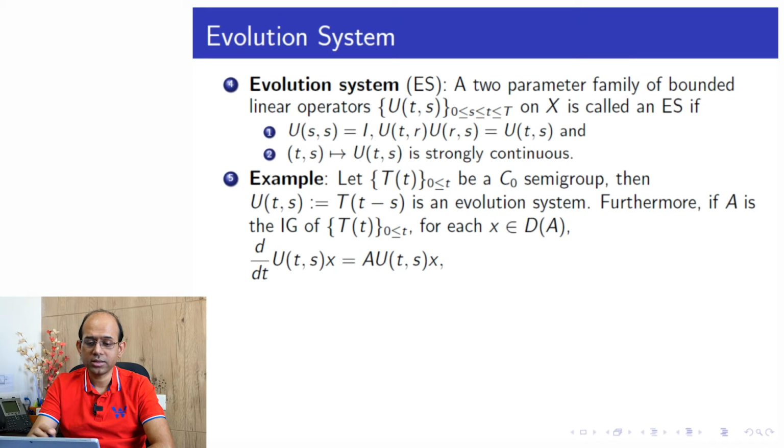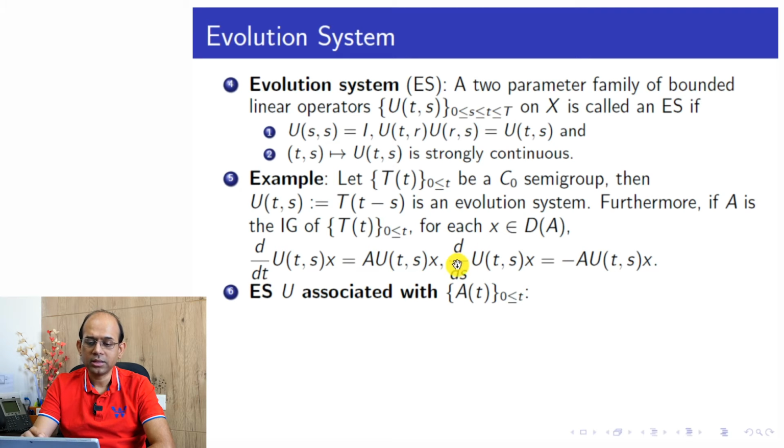Furthermore, if capital A is the infinitesimal generator of a C0 semigroup T(t), for each small x in the domain of A, we can get the following things. The derivative of U(t, s)x with respect to t, we are going to get A U(t, s)x, and the derivative with respect to s, we are going to get minus A U(t, s)x. Okay, this is trivially obtained because we know that the derivative of T(t)x is equal to A T(t)x. So we are just applying this relation here to obtain these expressions.